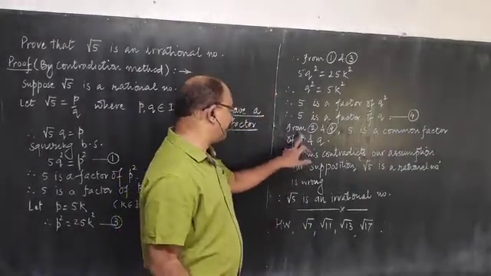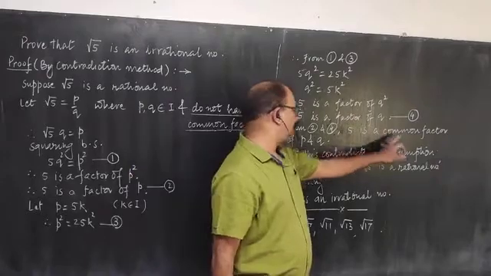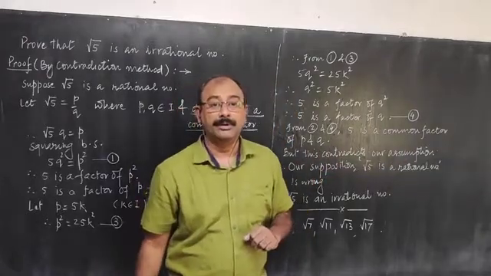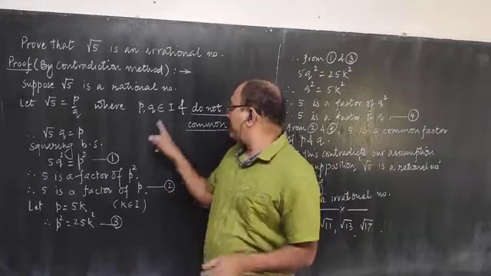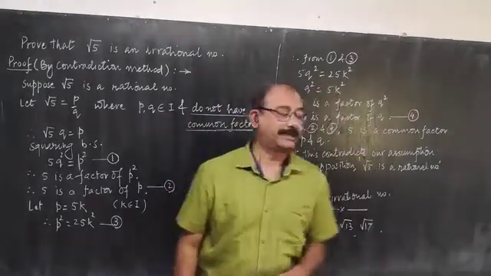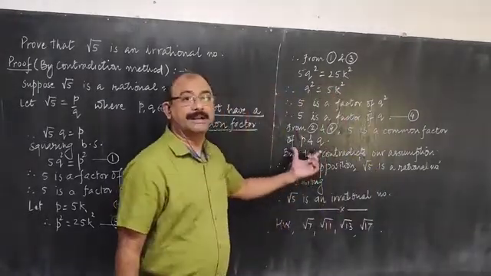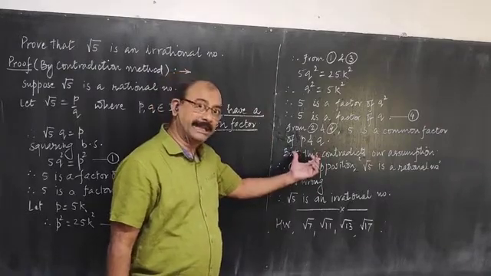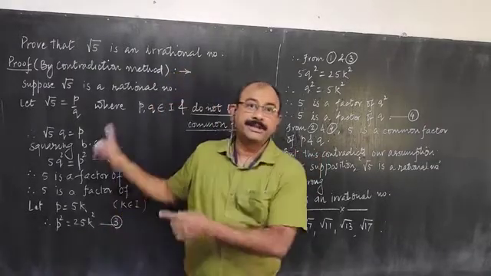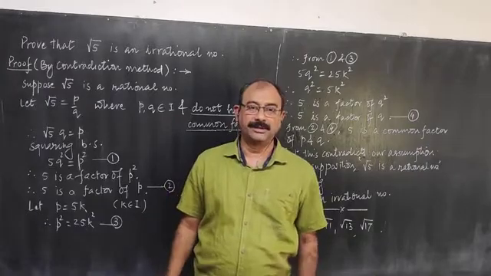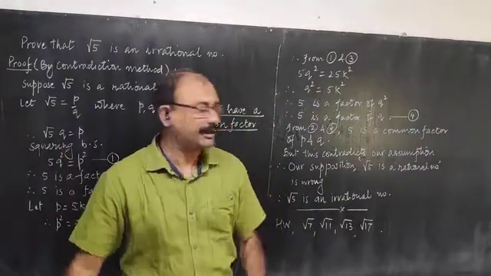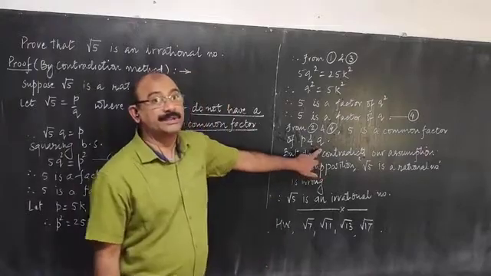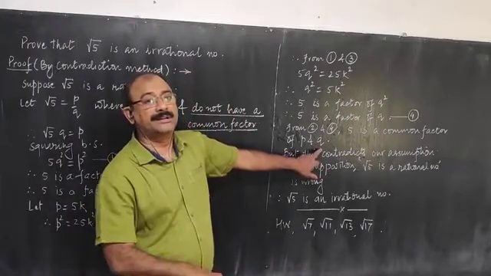That means p and q have a common factor, but we said that they do not have a common factor. That means the conclusion you are getting contradicts your assumption, which says that you are reaching a wrong conclusion.